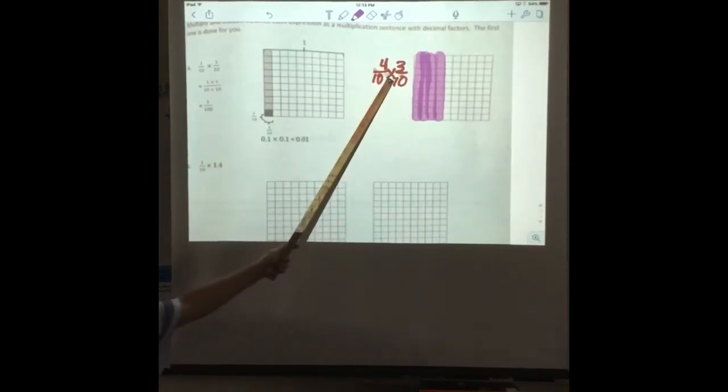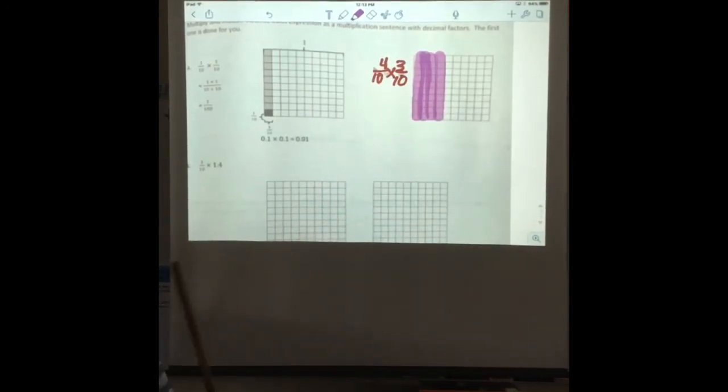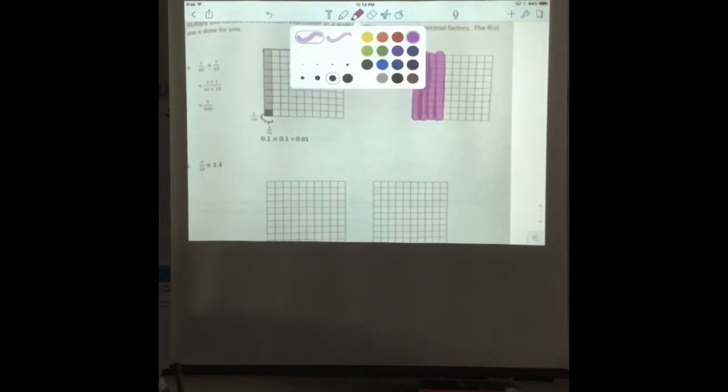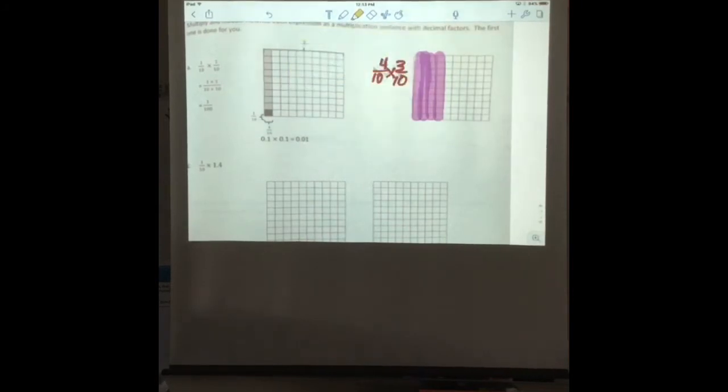Now we're going to multiply it by 3/10. So I'm going to change my color so you can see it. I'm going to go with yellow. I hope it shows up. So I go this way, just like we did on the above problem. There's 1/10, 2/10, 3/10.